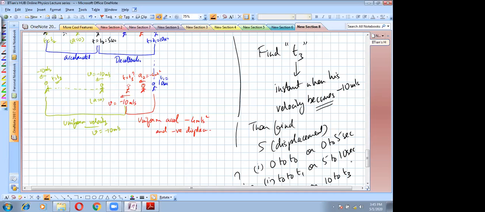Yes, Yuvraj, your two answers are correct. Bhagyashree, your answer is correct in terms of the interval of time, but you have to tell the total time. T3 is the value of time from t equal to 0. What you're giving me is the time interval between T1 and T3.